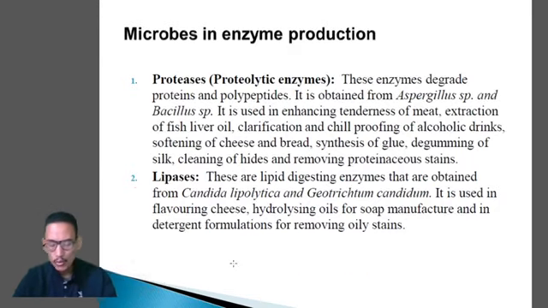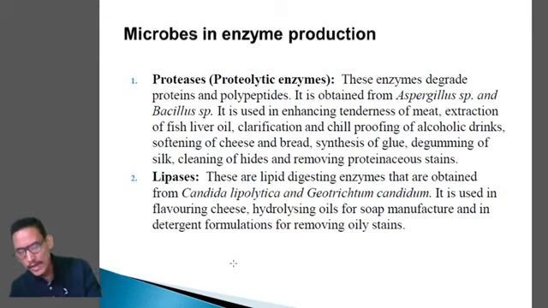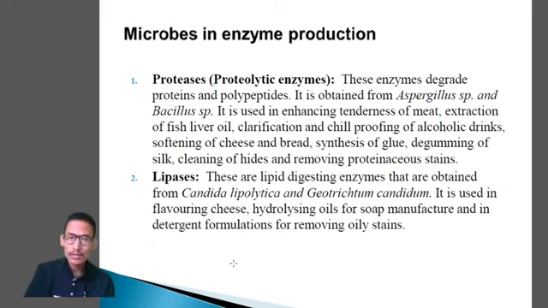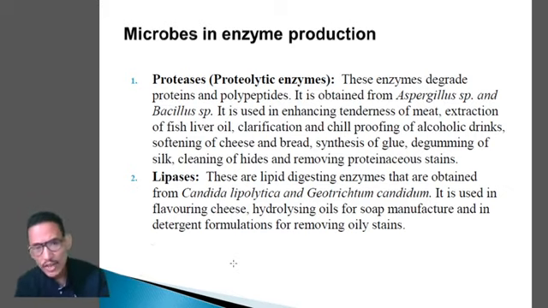Next one, role of microbes in the production of enzymes. So what are enzymes? You know that enzymes are the biocatalysts which increase the rate of chemical reactions without undergoing any changes. In our body also we have different types of enzymes which have specific functions in performing different physiological processes.